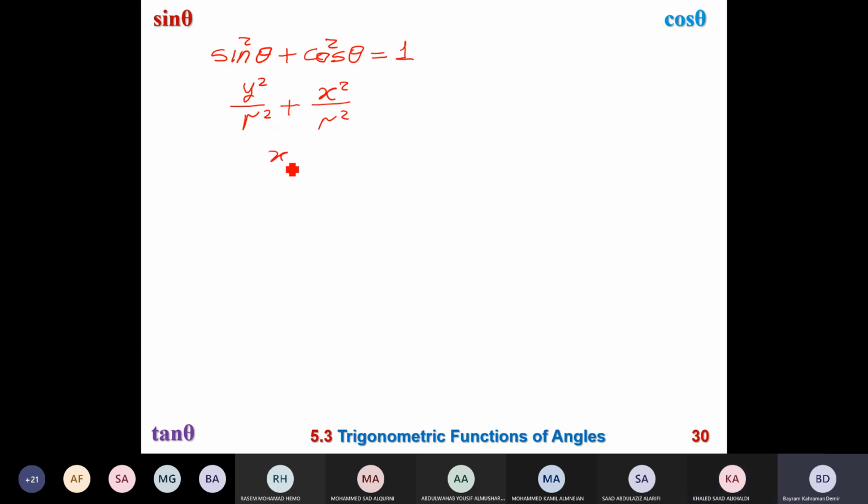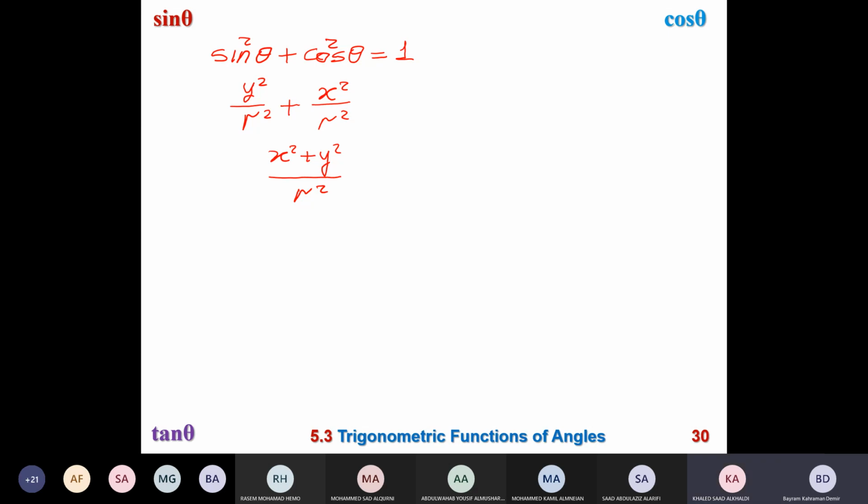It is x square plus y square over r square.